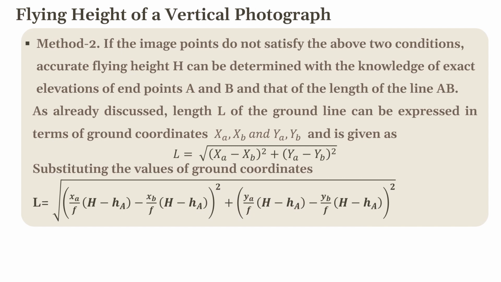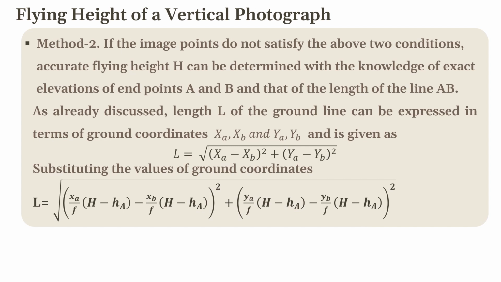As we have discussed already in the earlier lecture on ground coordinates, length capital L of the ground line can be expressed in terms of ground coordinates capital XA, capital XB and capital YA, capital YB, and can be given as L is equal to root of (XA minus XB) the whole square plus (YA minus YB) the whole square. To find capital L, we substitute the values that we have studied in the ground coordinates under aerial photogrammetry into the above formula.